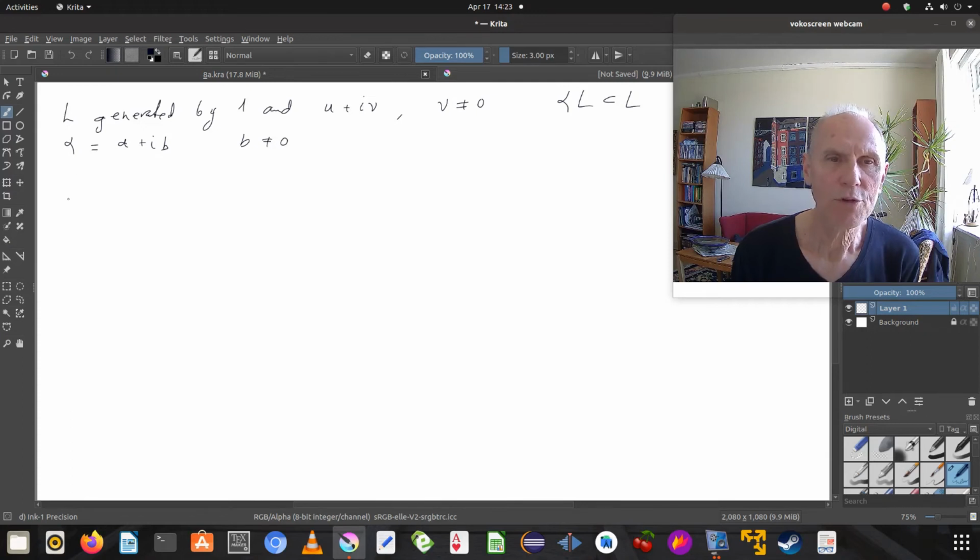So first of all is that alpha itself lies in the lattice, as unity does. So that means that a plus ib equals m times unity plus n times omega.